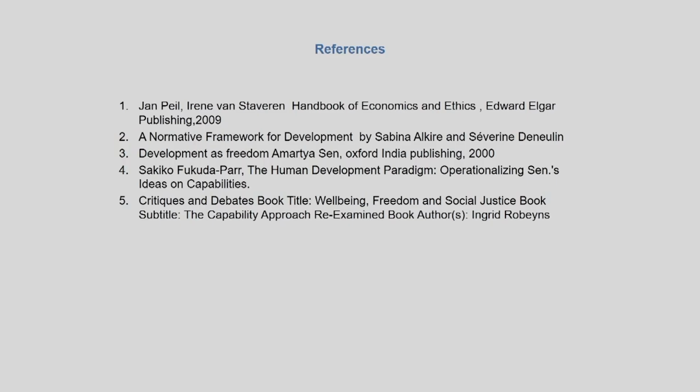And that is where a working list of central human capabilities has been worked out by Professor Martha Nussbaum. These are some of the references which I have used to make comparison and contrast between the capabilities approach, the BNA and the utilitarian approach.